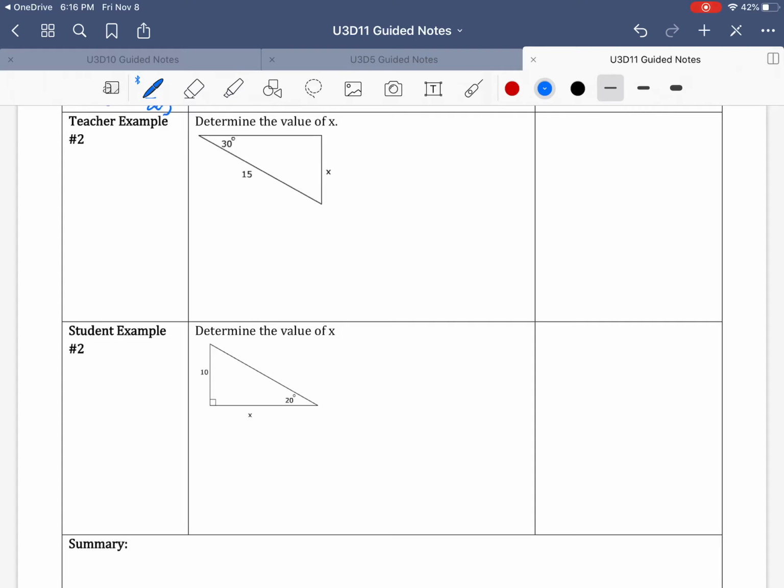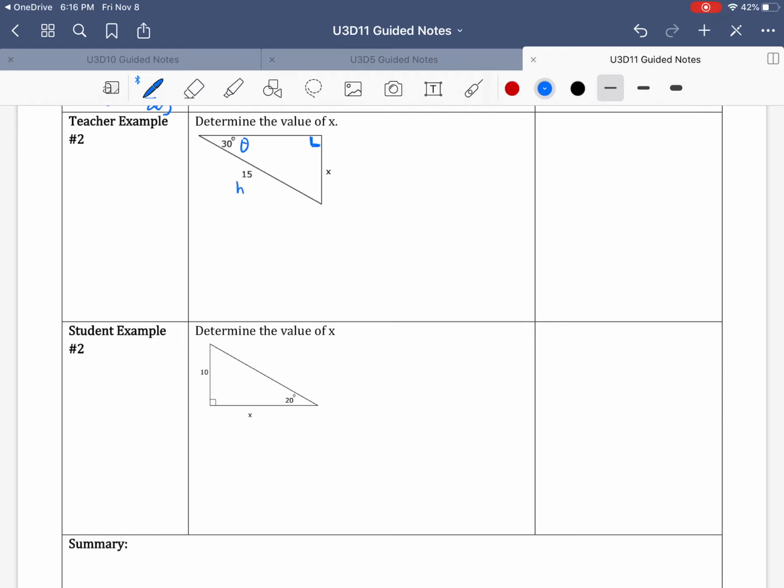Let's try a teacher example right here. It says determine the value of x. So if we know this right here is a right angle, and you know that this is 30 degrees, and we're looking for x over here, we can use a trig function to help us solve for it. So what we're going to do is label all of our sides first.